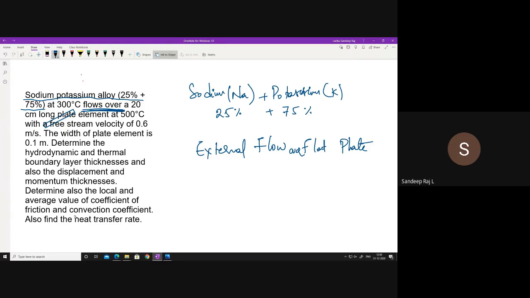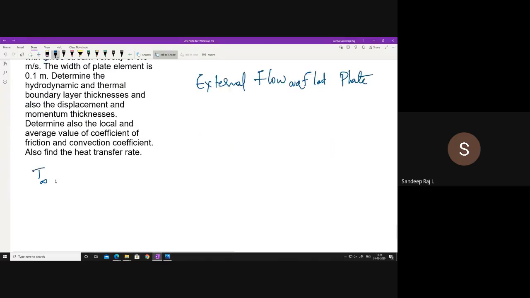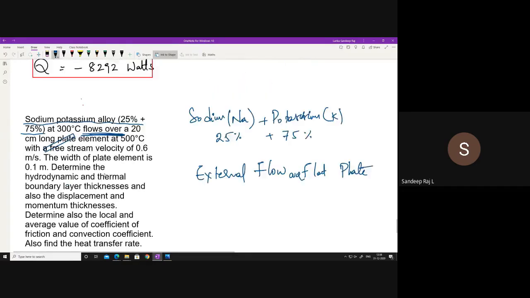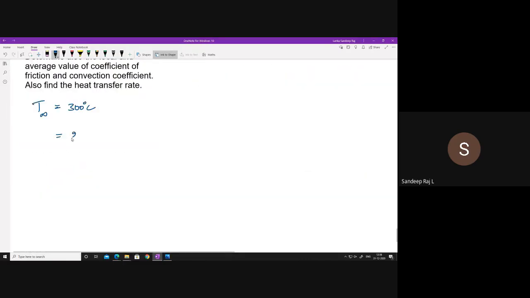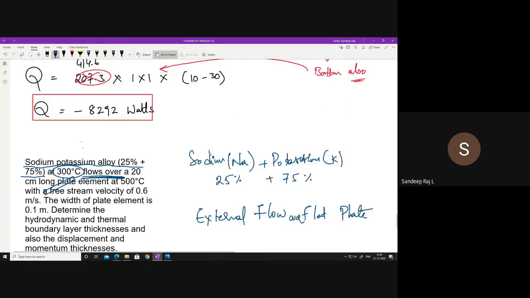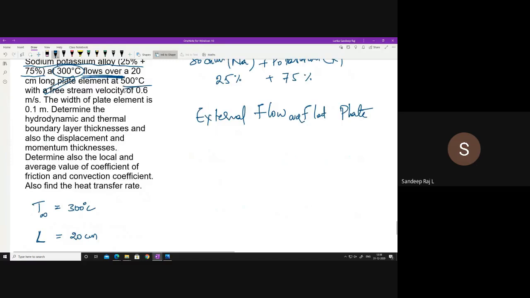The temperature given to you is 300 degrees centigrade. This 300 degrees centigrade is T infinity, the temperature of the fluid. The length is given as 20 centimeters. You can call it L, because in this direction the fluid is flowing. And then the plate temperature is 500 degrees centigrade.